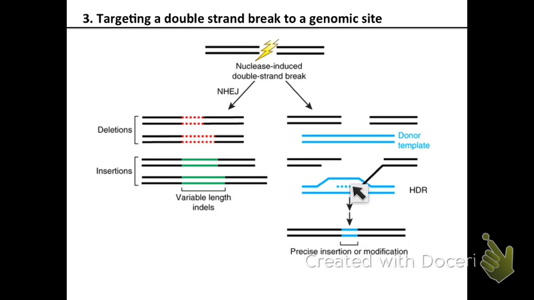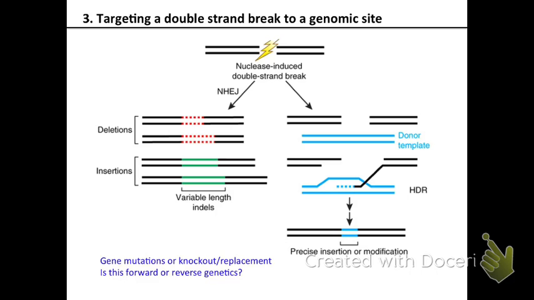So you can change the sequences, whatever sequence you want to insert, put it in this donor template and surround it by the sequences that are homologous to the double-strand break ends and have it inserted in your genome. Okay, so you can make precise insertions or modifications through homologous recombination, or you can make non-precise variable length deletions or insertions if you just let the cells do their own thing.